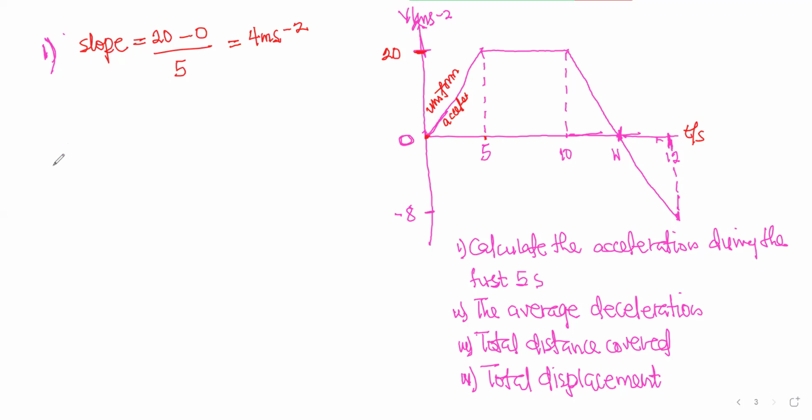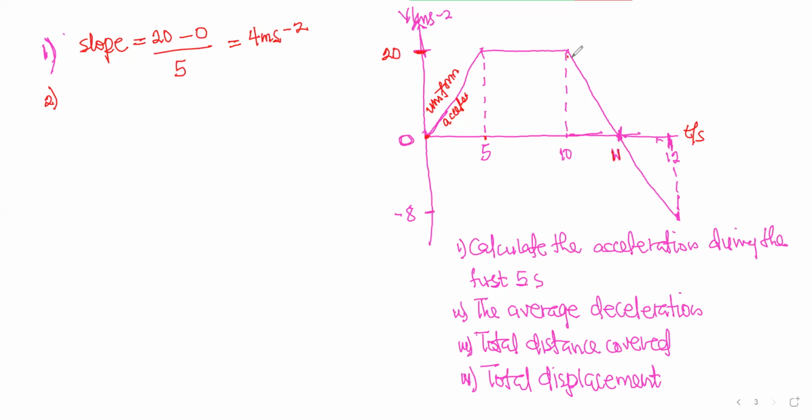The average deceleration. The word average deceleration means the effective deceleration during the whole motion. And the deceleration only occurred between the time interval 10 seconds and 11 seconds.